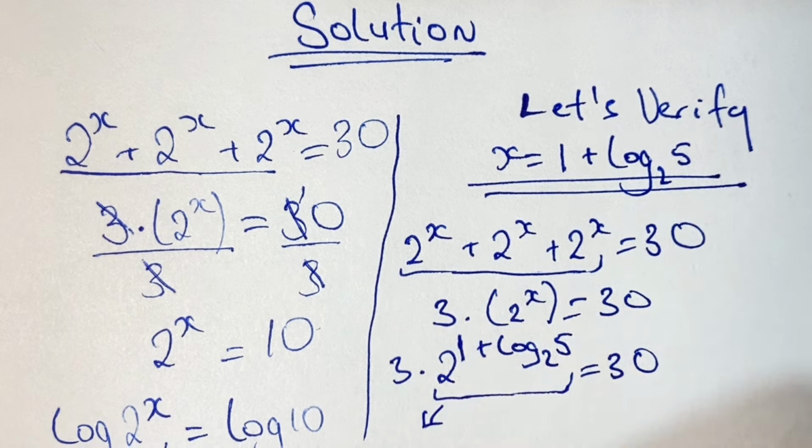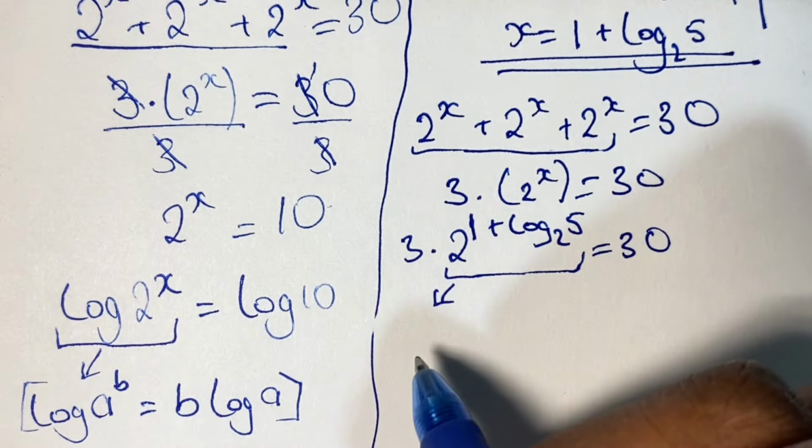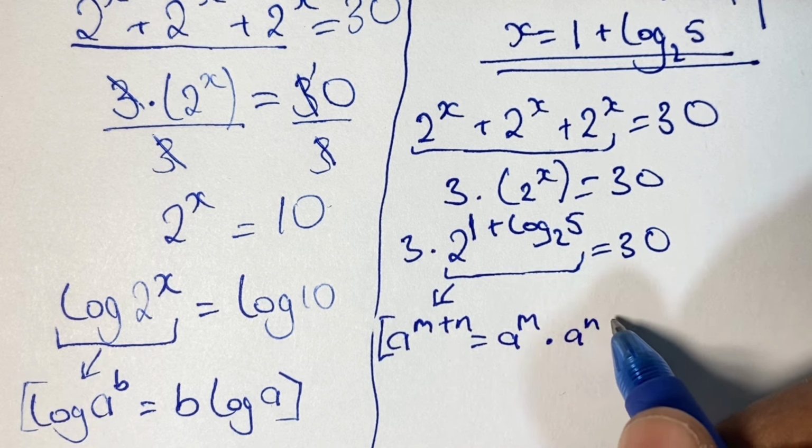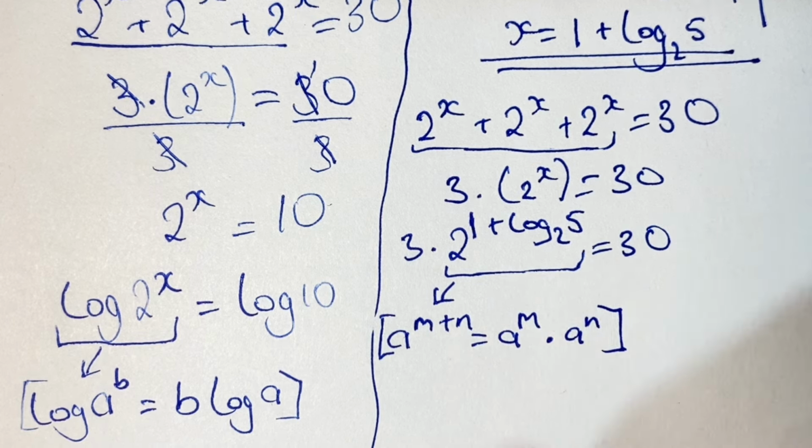From here we can actually use laws of indices to simplify this equation. So in this example, the laws of indices states that a to the power of m plus n is the same as a to the power of m times a to the power of n.